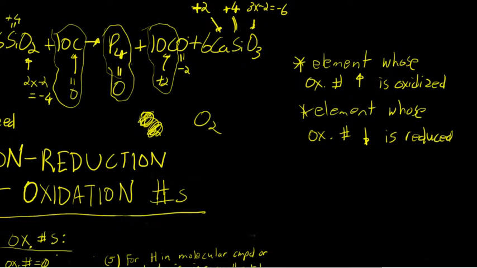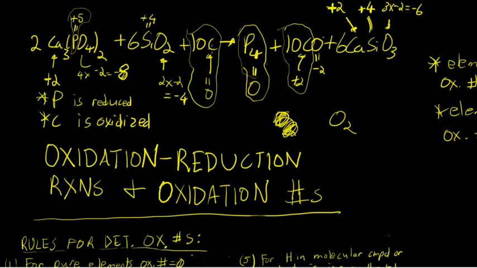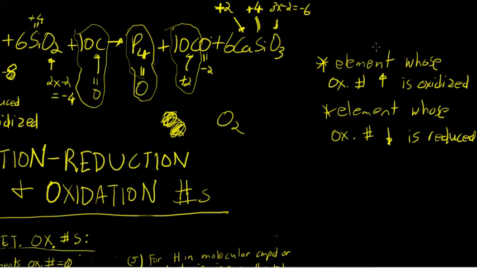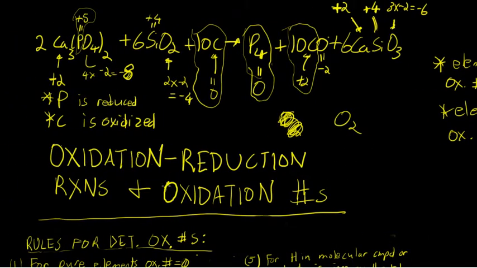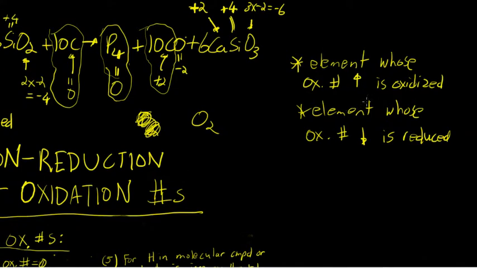Should have written that earlier, but we can see that here in this example: carbon's oxidation number goes up from 0 to +2. So we say carbon is oxidized. Again, that's consistent with this statement here. And the oxidation number of phosphorus goes down from +5 to 0. So it's reduced, and that's consistent with this statement here.